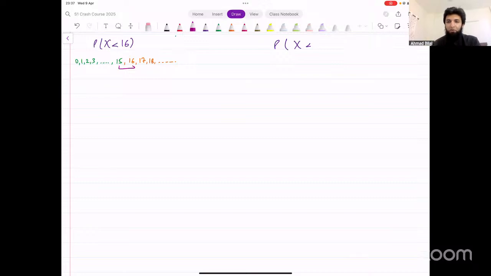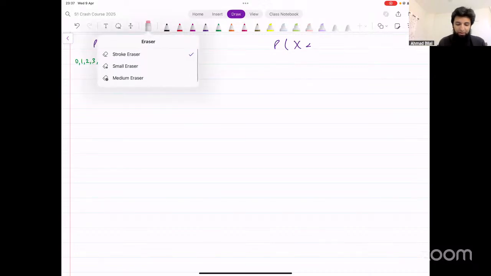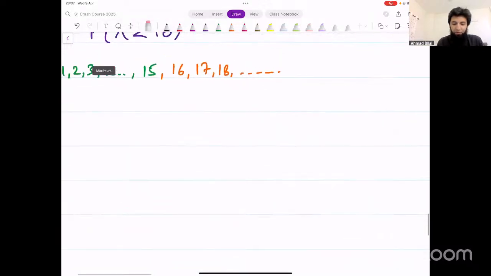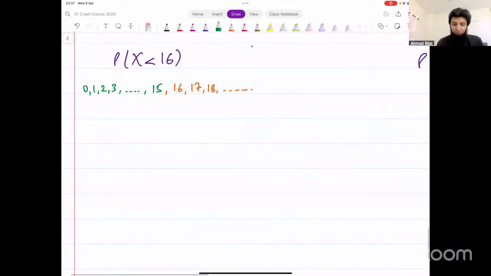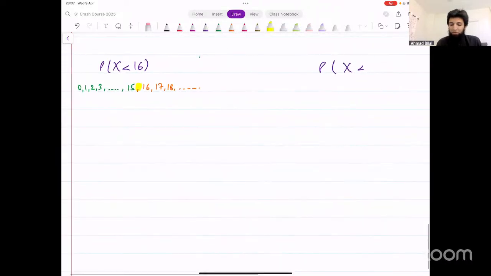What about all of those values? Do we count them? Do we not count them? How do we decide that? That's a problem now. We know that 15 has to be included and 16 does not have to be included. What about the region between them? In normal distribution, do we count that or not?